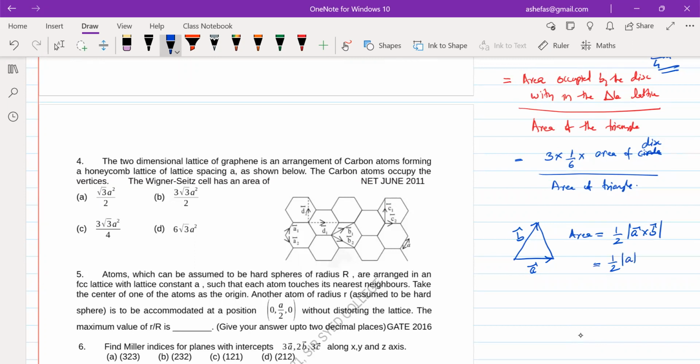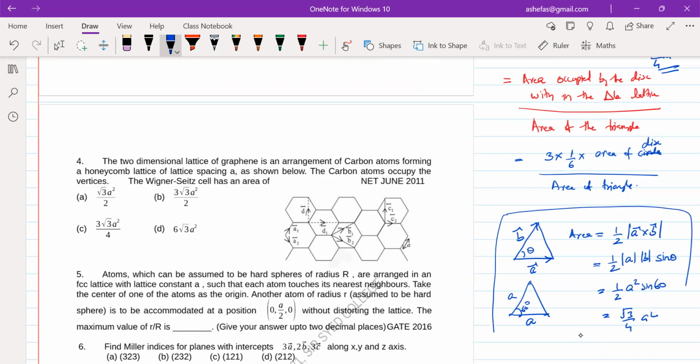It is the length of A, the length of B, times the sine of the angle between them. Here both sides are A and the angle is 60 degrees. That is why I have written half A square sine 60, which is equal to root 3 by 4 A square. So this is a way we can find the area of any triangle.